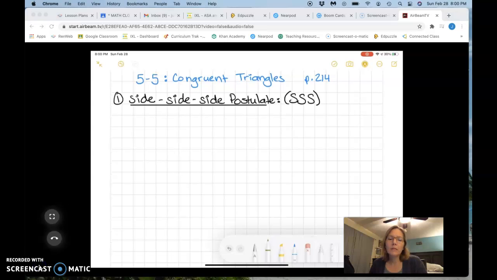Okay, the first one is side, side, side postulate, and it's also known as SSS. And hopefully you remember this from 10th grade.